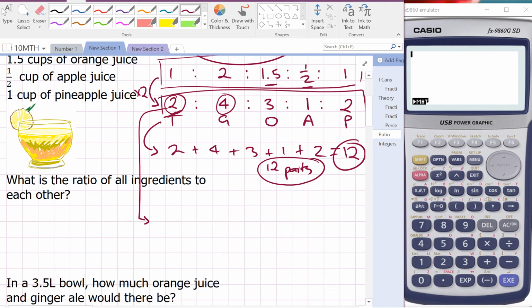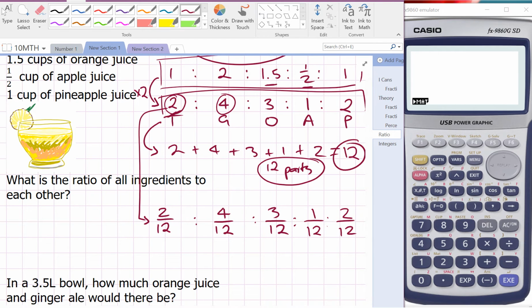Okay, so for tea, 2/12 will be tea, compared to 4/12 will be ginger ale, 3/12 will be orange juice, 1/12 will be apple juice, and 2/12 will be pineapple juice. So we can go from a ratio to actual fractions.